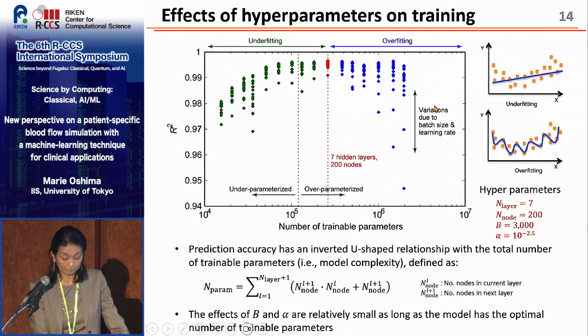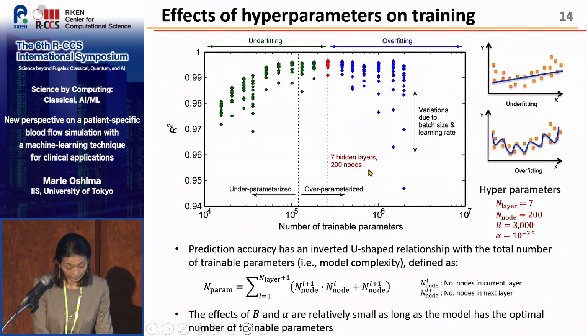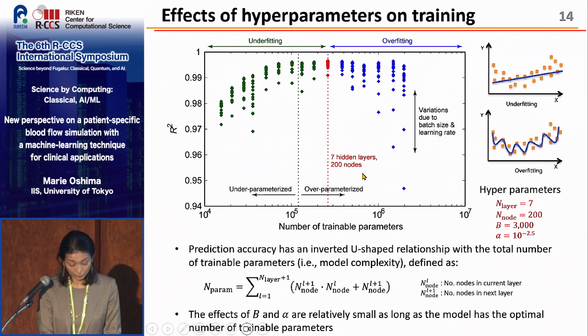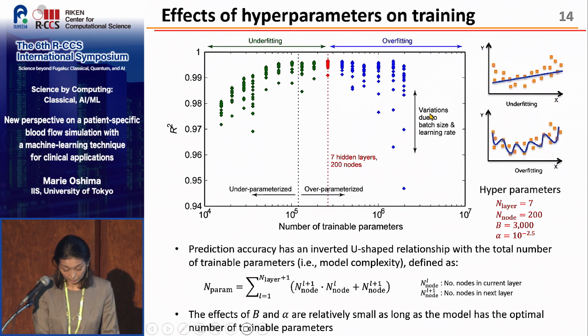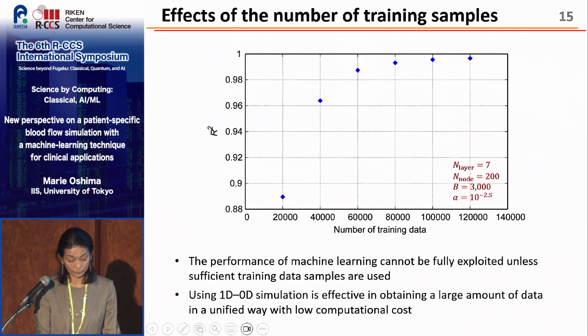The hyperparameters that we obtained are the number of hidden layers, and we also have 200 nodes. As you can see in this figure, it's neither underfitting nor overfitting. So those hyperparameters are used for this surrogate model.